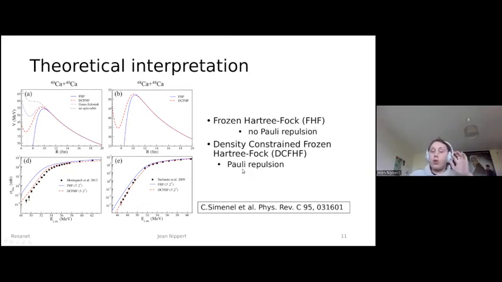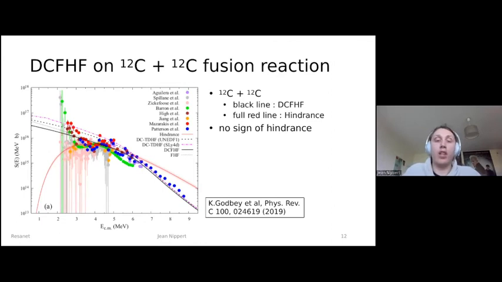Now, what if we look at the carbon-12 plus carbon-12 system? On this plot you have the S factor as a function of the energy. You have the black line, which is the density constrained frozen Hartree-Fock, and the red line, which is the hindrance, a phenomenological model presented by Jiang and collaborators.